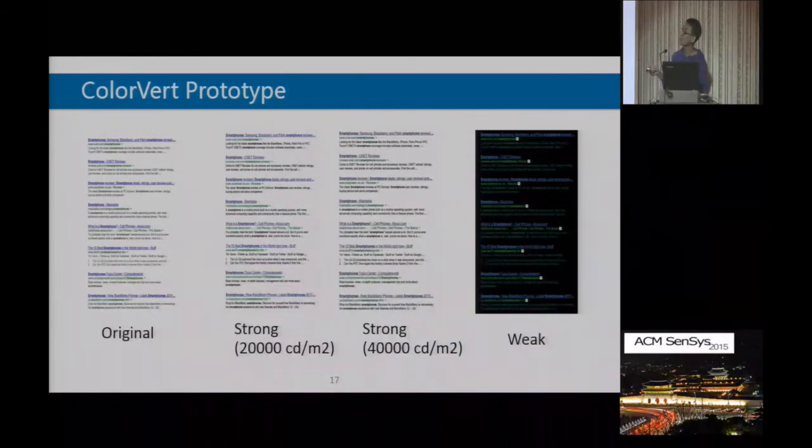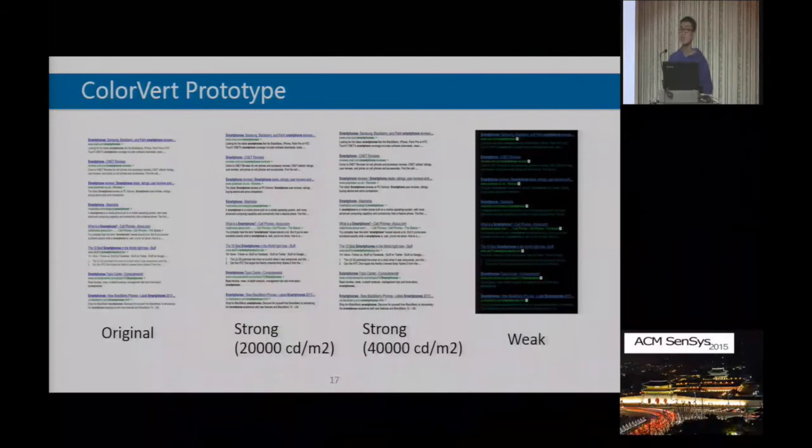But actually, it does improve. And if you look carefully, the blue is becoming darker and darker. And this one is under weak light condition. As we can see, the achromatic color has already been converted to green. Actually, it's better when we use it on our smartphone and in the specific lighting condition.